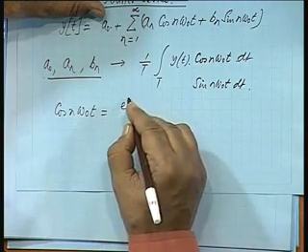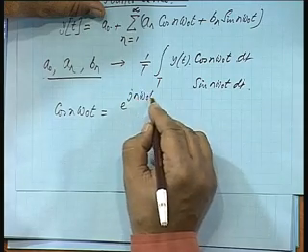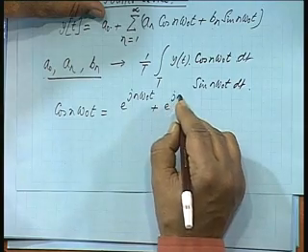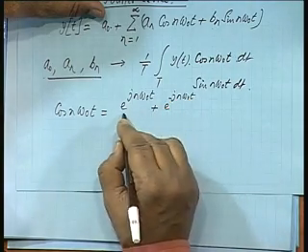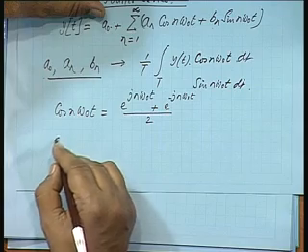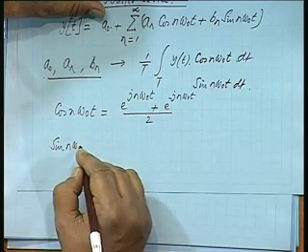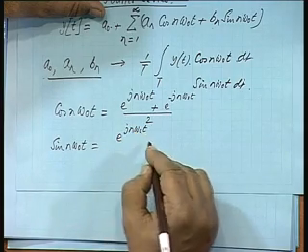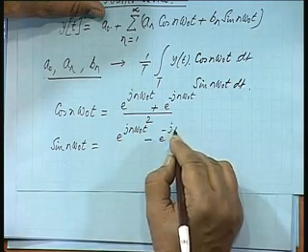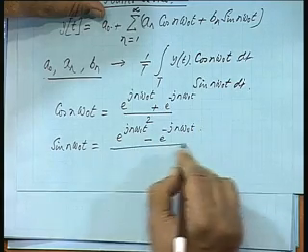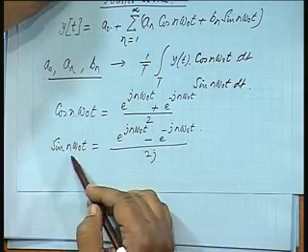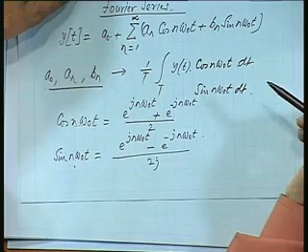Now, one may express cos(n omega naught t) and sin(n omega naught t) in terms of exponential functions. Similarly, sin(n omega naught t) is e to the power j n omega naught t minus e to the power minus j n omega naught t, divided by 2j.